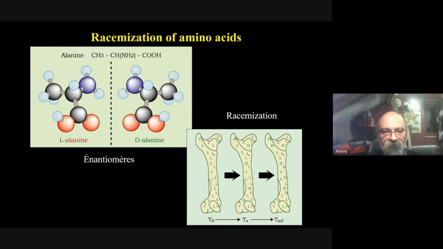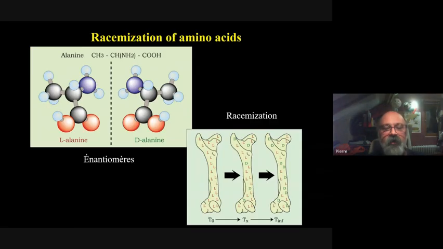Levogyre and dextrogyre refer to the capacity of these amino acids to interfere with light. Levogyre means that if you put a ray of light into this material, it goes to the left. Dextrogyre means the ray goes to the right.